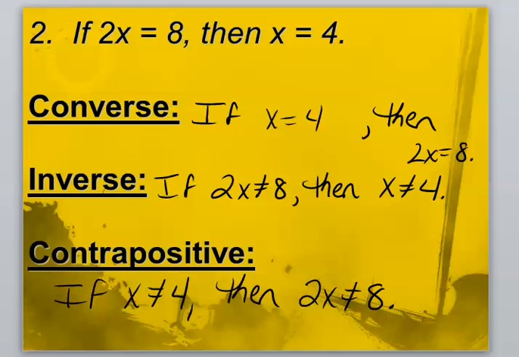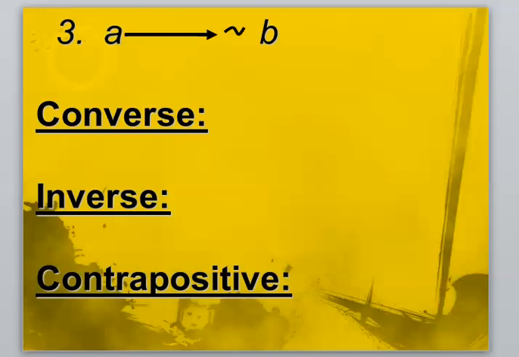Let's try one with the notation. Remember that to negate, you either put in this negation sign, the squiggle, or you take it out. The arrow always points to the right. The hypothesis to start is the front thing, A, and our conclusion is not B. The converse switches the hypothesis and the conclusion. So the converse of this top conditional statement, A implies not B, would say not B implies A. We're going to go back to our original statement and write the inverse.